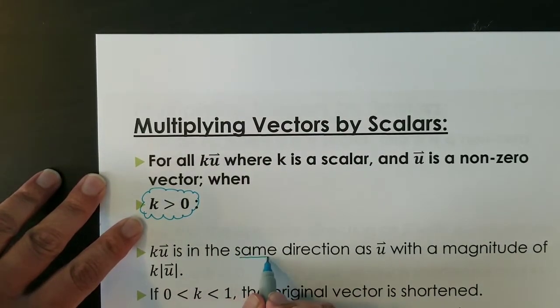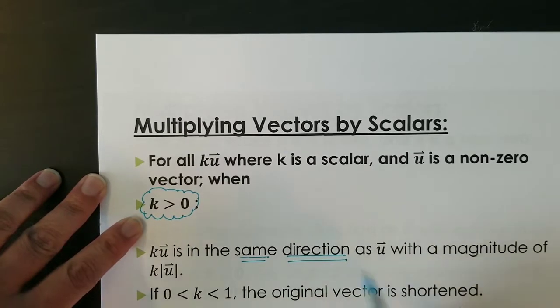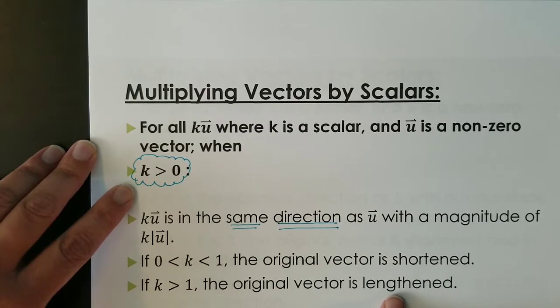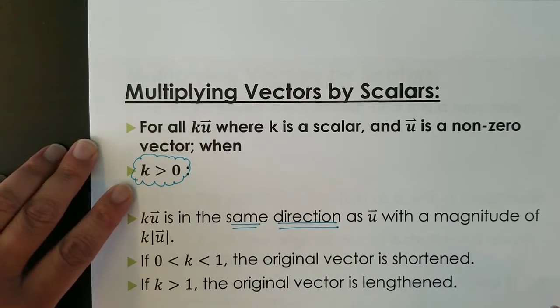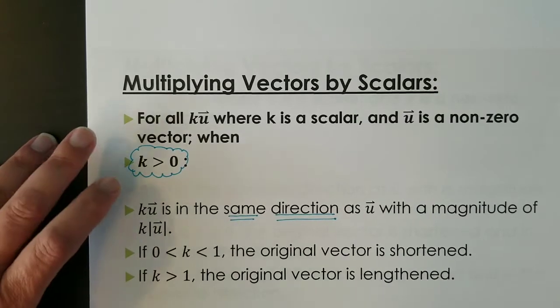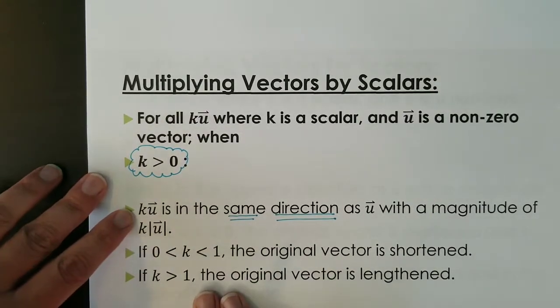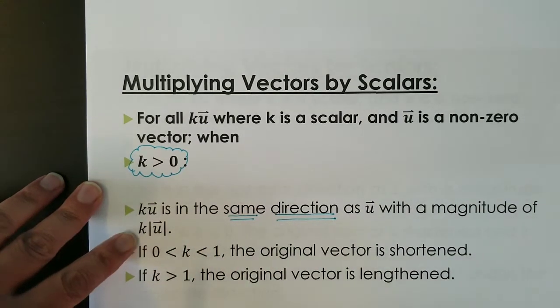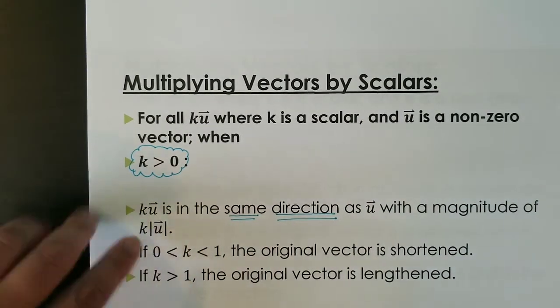So the new vector, k times u, will be in the same direction if it's positive. This is a lot of math and terminology, but hopefully this makes sense. So the positive value means that it doesn't change direction, and it will have a magnitude of k times the original magnitude.